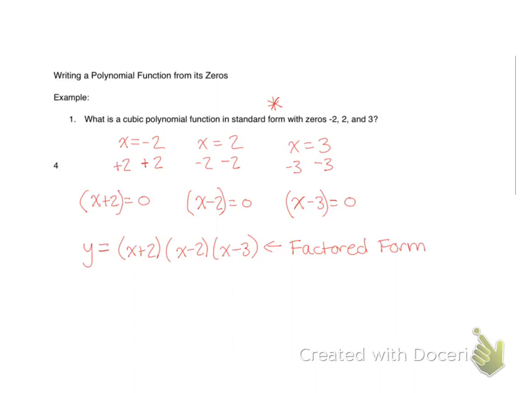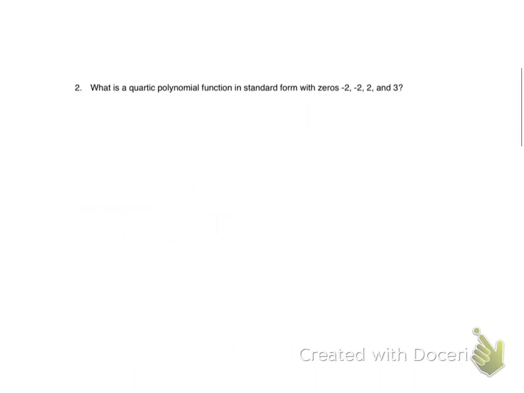Okay, let's look at another one. What is the quartic polynomial function in standard form with zeros -2, -2, 2, and 3? Quartic, what degree is that? That should be x to the 4th. Well that means that you have 4 zeros. Hey look, you have 4 zeros. So you know that x equals -2, x equals -2, x equals +2, and x equals +3.